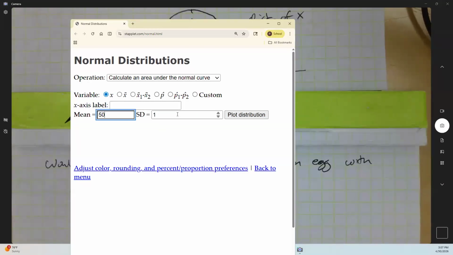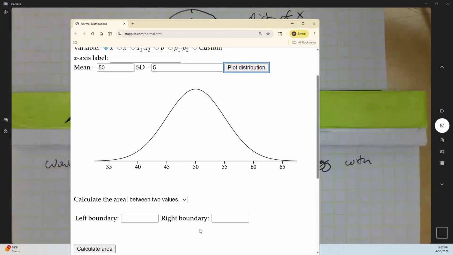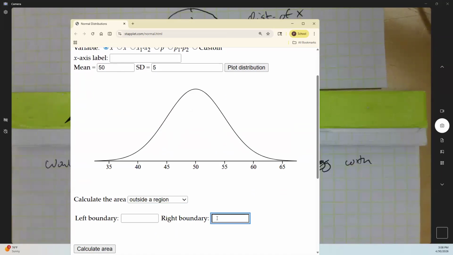The mean was 50, the standard deviation was 5. And there's that distribution, drawn a little bit better than mine. And we think about it in two tails or on both sides. So we're going to look outside of a region. 58 is to the right. And then we need to go the same amount down to the left, which would be 42, right?